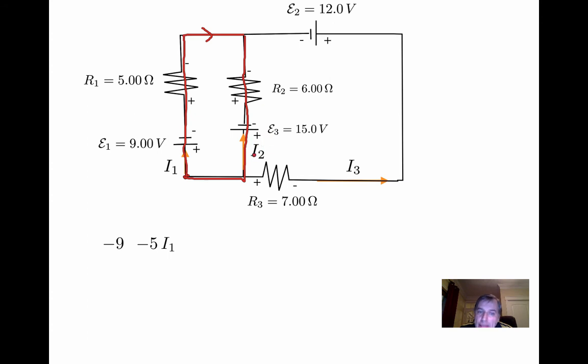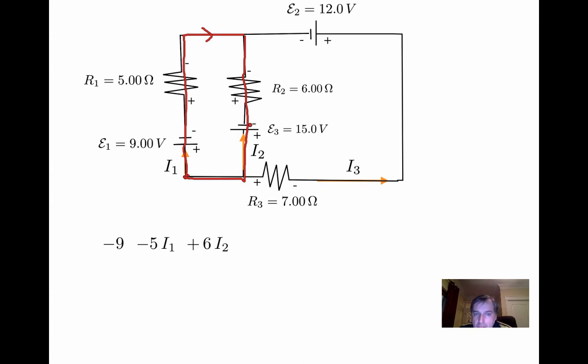This is I2 in this branch. So as I go that way, the voltage will be plus 6 ohms times I2. So I get this term here, plus 6 I2. Again, I didn't write the 0.00 and I didn't write the units of the resistance, but that's the voltage as I go this way. And then I keep going in my loop.